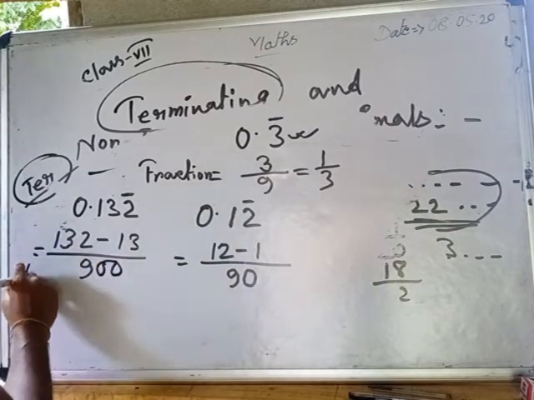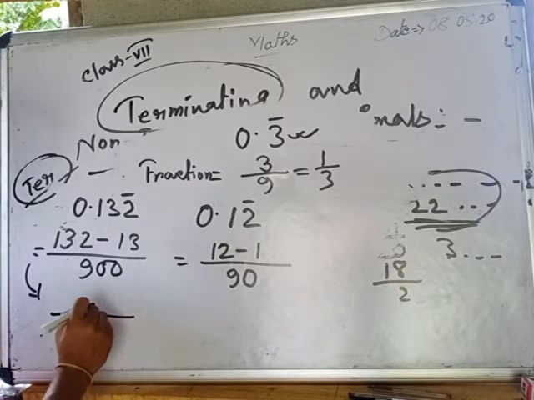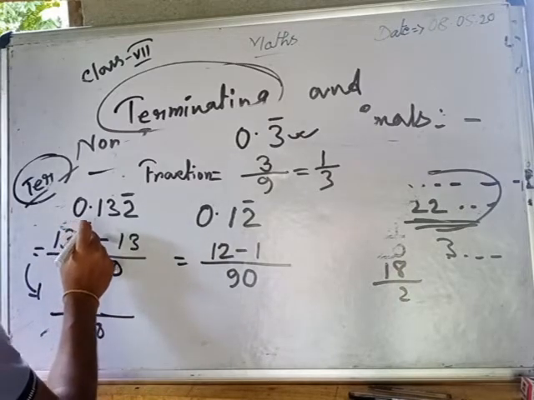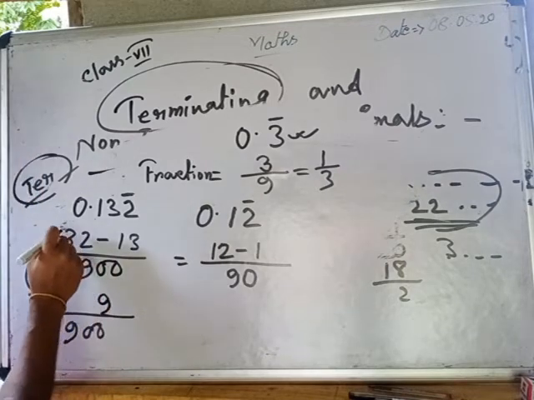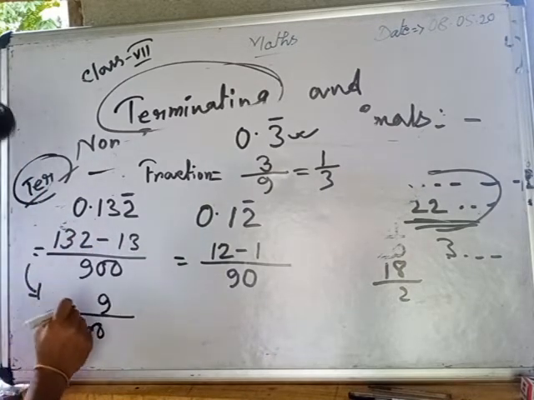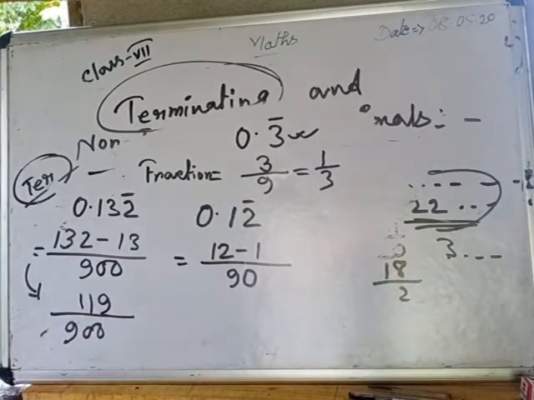We should subtract and divide by 900. Okay, 132 minus 13 is 119. This one is the answer.